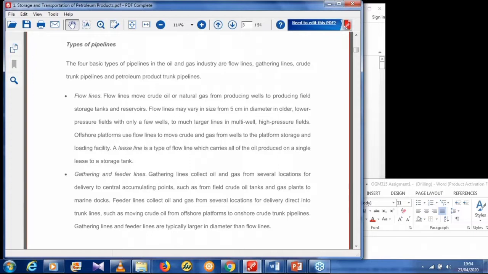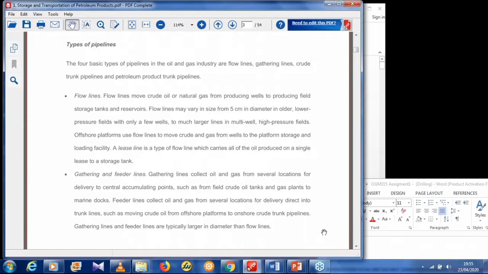However, back to basics. The flow lines are usually used to transfer this. Then we have our gathering and feeder line. Remember, I said we have flow line, gathering line, crude oil trunk pipeline, and petroleum product trunk pipeline. The gathering lines are used in collecting oil and gas from several locations for delivery to central accumulating points.